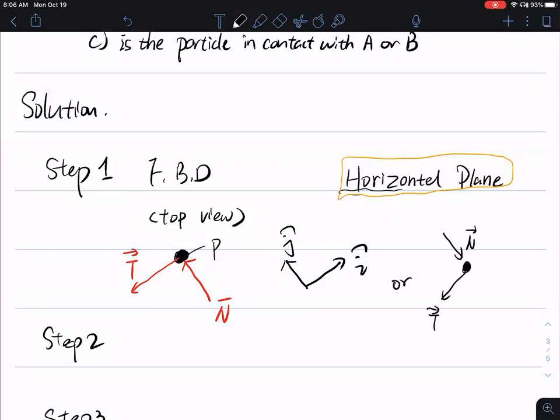Raise your hand if you think, yeah, we can draw a free body diagram like this or like this. Raise your hand if you agree. Okay, good. Just one. Raise your hand if you think, no, we can't. Okay. Why? Opposite direction.